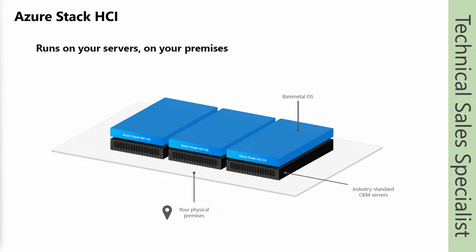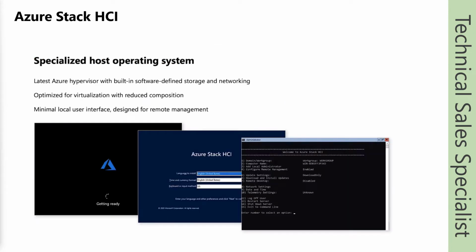It's a specialized host operating system. It's a server core installation. It provides Hyper-V, Storage Spaces Direct for software-defined storage, software-defined networking, and it's seen by the workload like Azure. So Azure Stack HCI provides you Azure services in a hyper-converged infrastructure on premises.